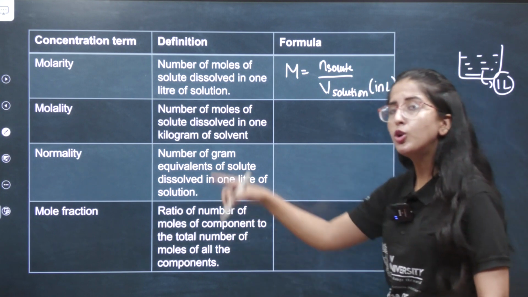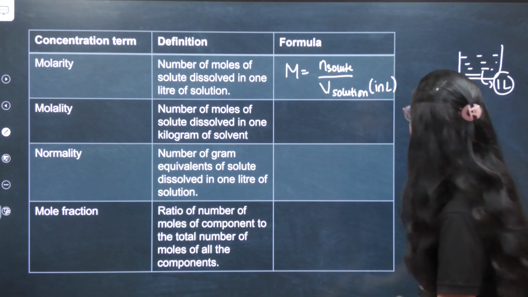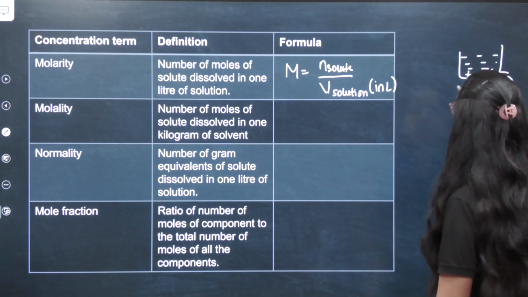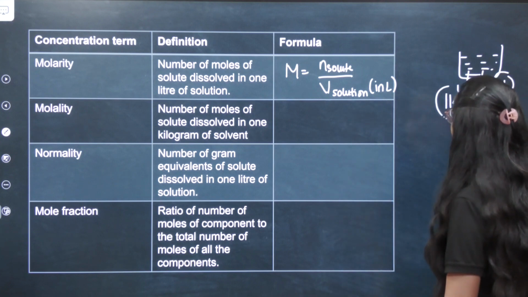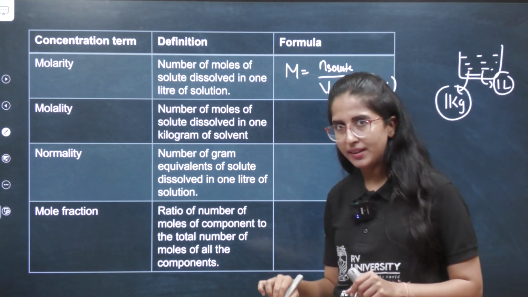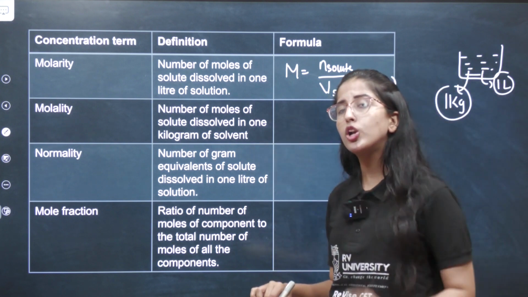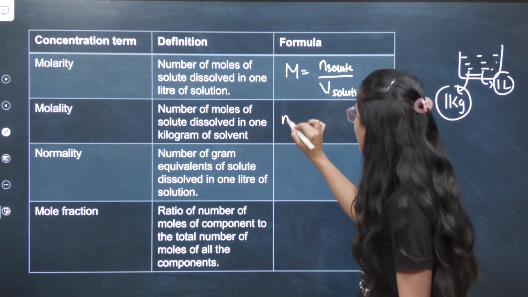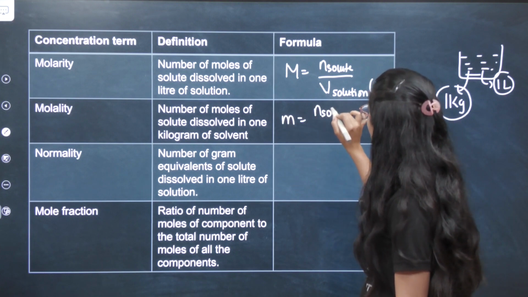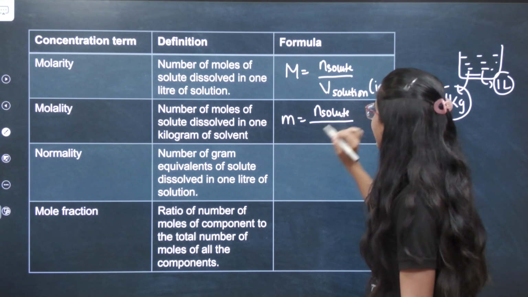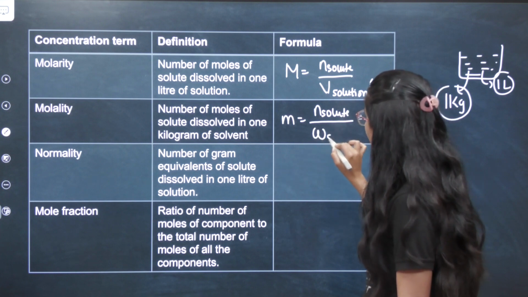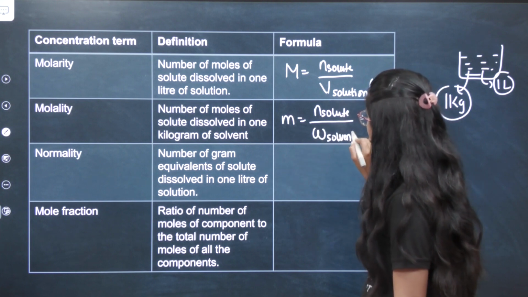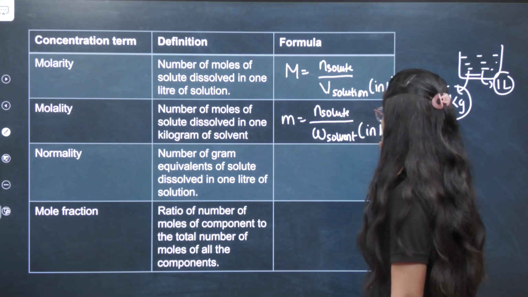When we come to molality, it talks not about liter, it talks about 1 kg. If you have 1 kg of solvent, then how much solute have you added? Small m is equal to number of moles of solute divided by mass of solvent in what? In kg.